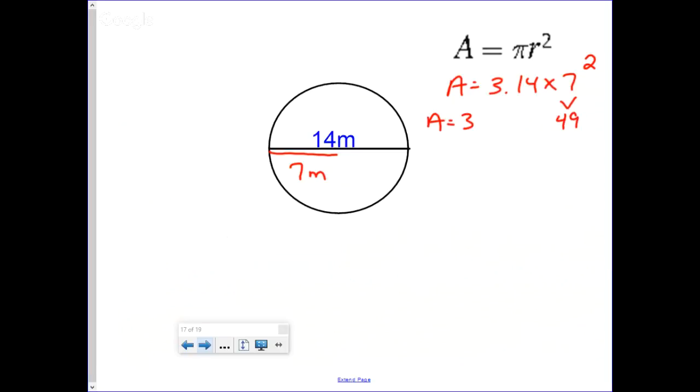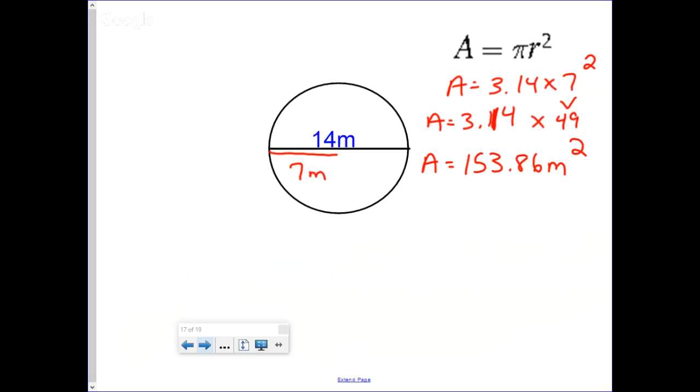And then we're going to multiply 3.14 times 49. Okay? So 3.14 times 49 equals, so your area for this circle is 153.86 meters squared.